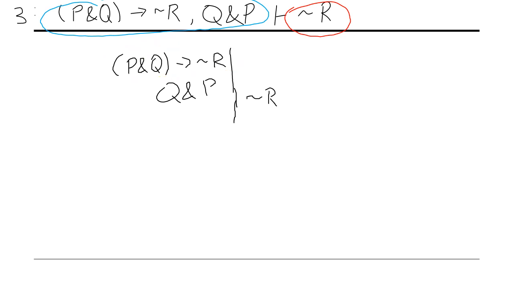So what makes an arrow true? Remember on our rules, which you're just going to have to memorize, make sure you have them in your notes. What makes an arrow true is if the left side is false or the right side is true.